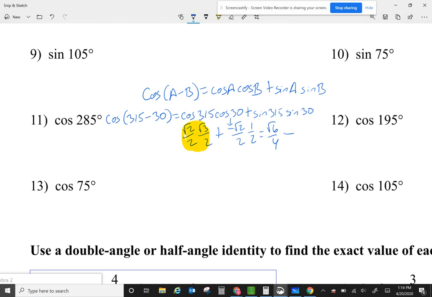Because of the negative sign, I'm going to write minus. Now, when I multiply these out, I get radical 2 over 4. So that gives me radical 6 minus radical 2 all over 4. That way you're going to type this, big set of parentheses, radical 6 minus radical 2 all over 4.